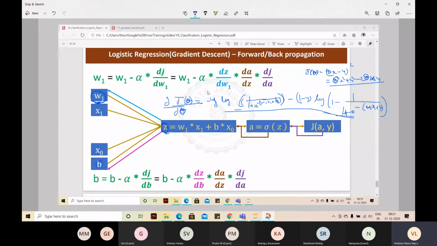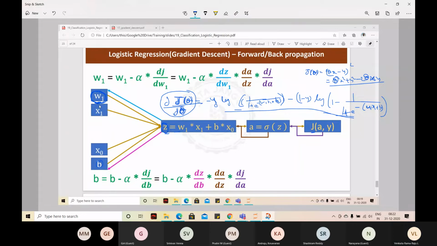That's what we are going to calculate. The derivative of the cost function with respect to theta means when you change 1 unit in W1, how many units the cost function J is changing. If you know that, accordingly you can go down or go up in the graph.